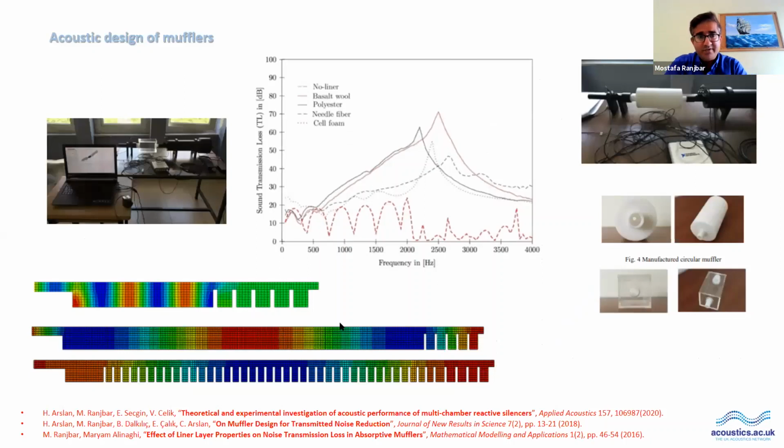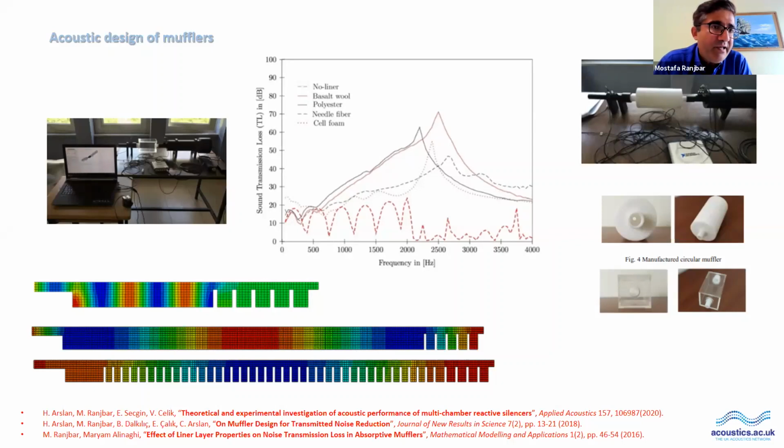I also had some research on the design of mufflers. Mainly, I had some undergraduate students who tried to produce some mufflers and change their geometries, for example intake, outtake for the chamber, and reduce length, to see the effect on noise transmission loss.